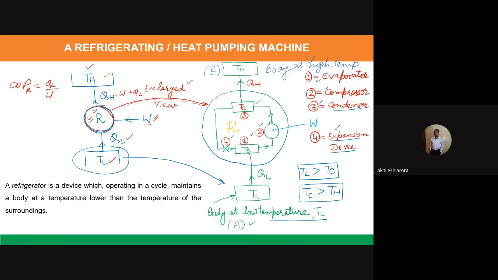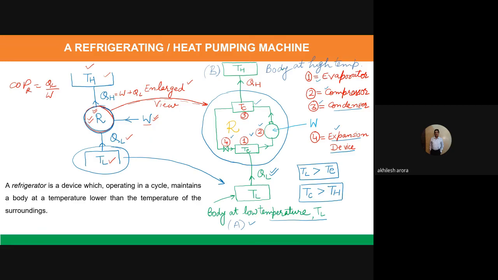We are maintaining these products at the low temperature TL, and from these products we take out the heat QL, and this heat goes into the evaporator. What exactly happens in the evaporator, I will explain later.